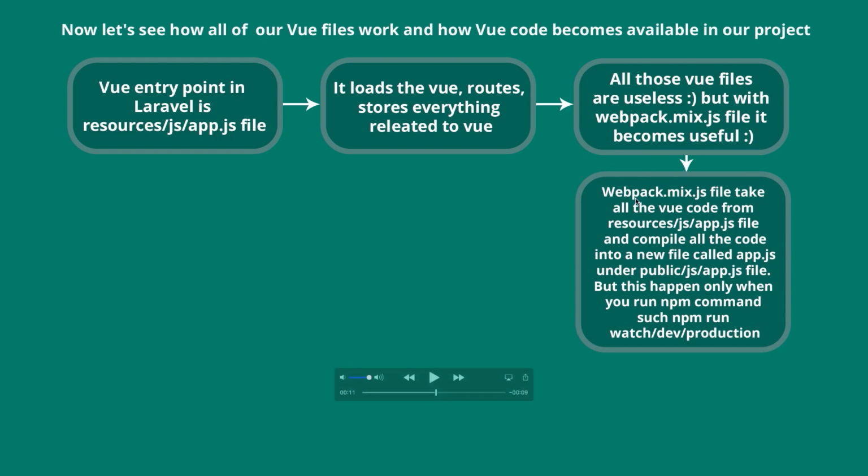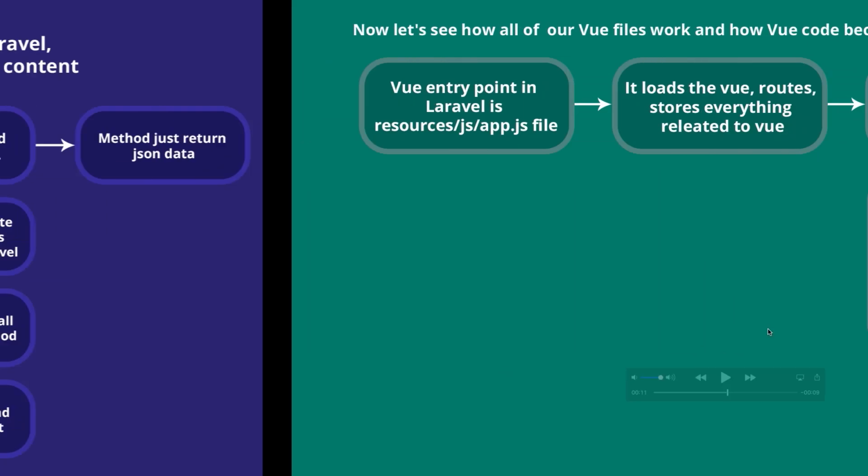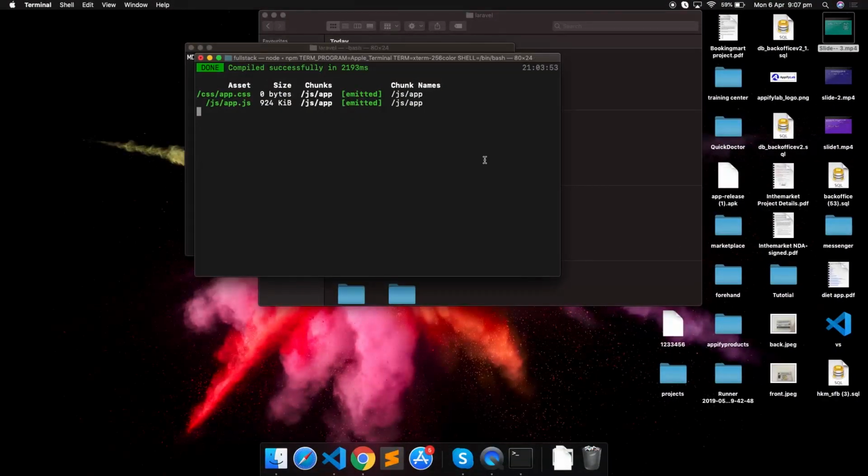The webpack.mix.js file takes all the Vue code from the resources JS app.js file and compiles it into a new file called app.js under public JS. But this happens only when you run npm commands such as npm run watch, dev or production. So let's run a command. I did run that command, and that is why it was available.